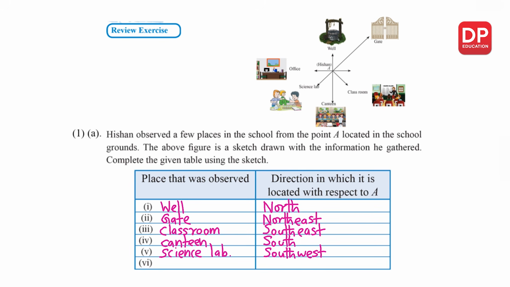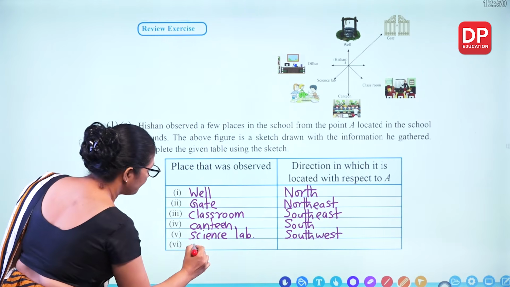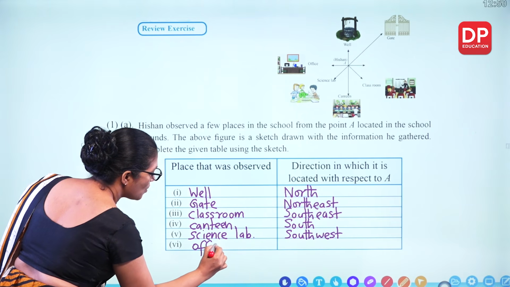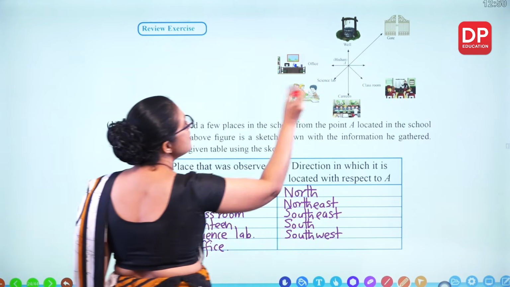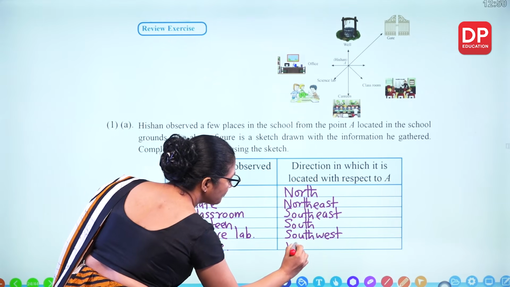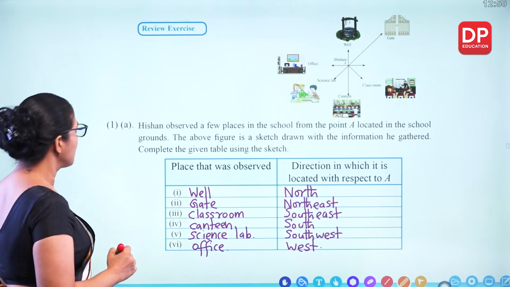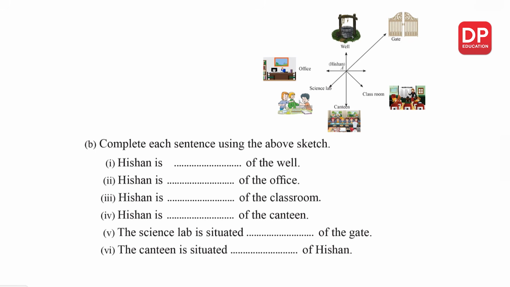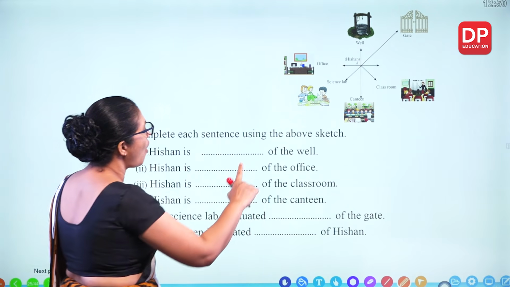And the last one is the office. The office is towards the left side of A, that means the west side. Complete each sentence using the above sketch. Hishan is blank of the well.